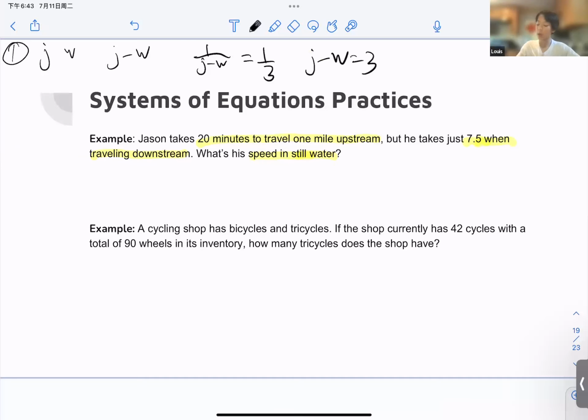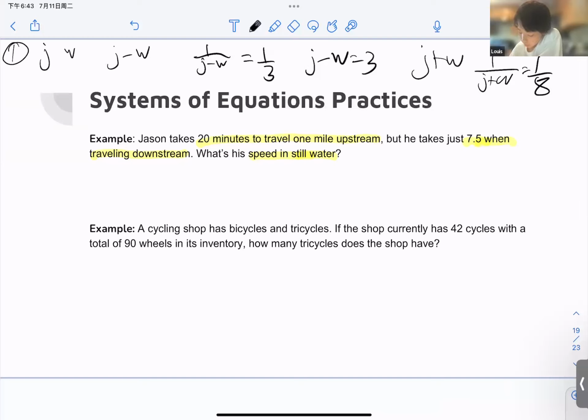And traveling downstream, his speed is just J plus W. So 1 over J plus W would just equal 1 over 8 hours.